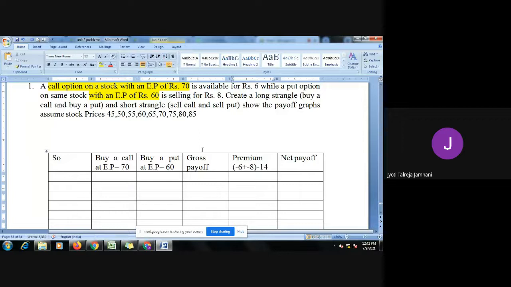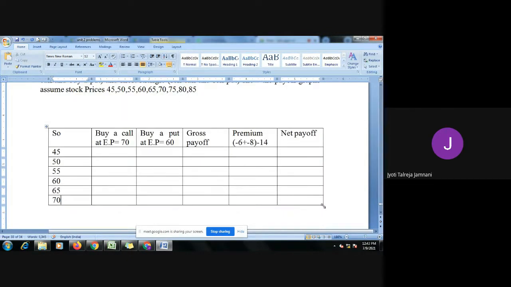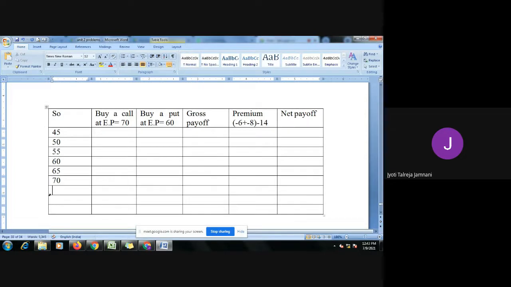Now we'll add these prices here: 45, 55, 60, 70, 75, 80, 85.